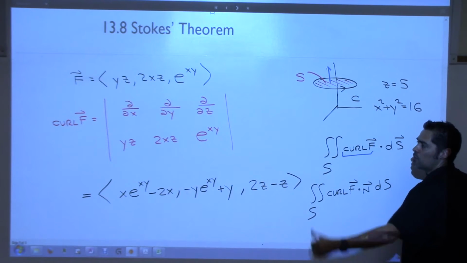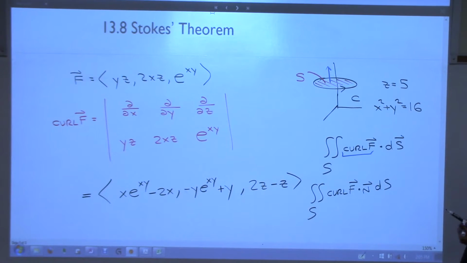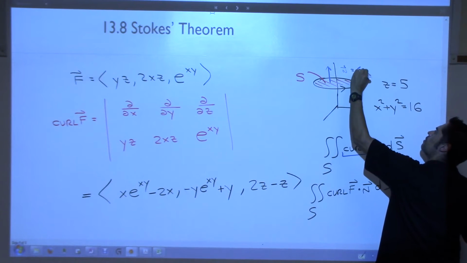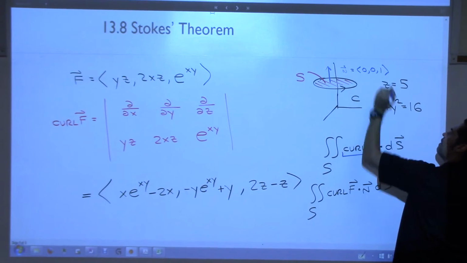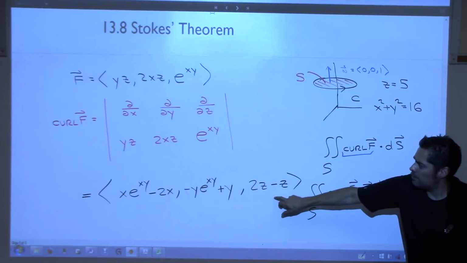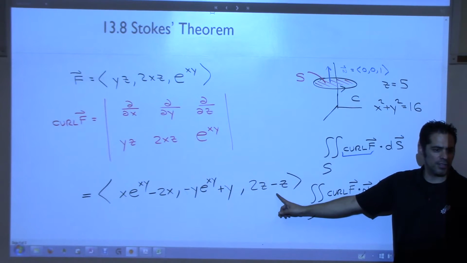We look out to our right, our normals should point up. So what is the normal vector we said? Normal vector is the vector 0, 0, 1, which is k hat, if you like. Now dot curl with n, and you just get this, which was just z, wasn't it?